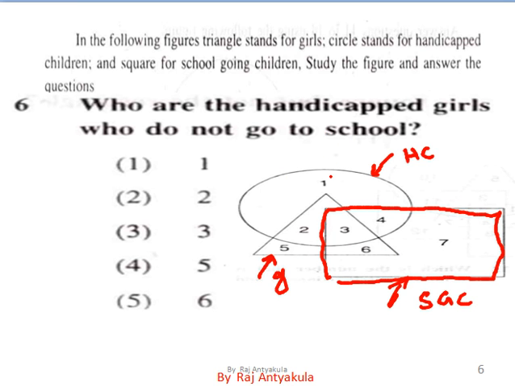Handicapped is indicated with circle, and this is not in the square, so this one is not going to school and is handicapped. So option 1, and coming to 2, look here, this 2 is also handicapped and also not going to school, so 1 plus 2 how much? 3. So the answer is option 3. The 3 is given in option 3, so the answer is option 3, handicapped but not going to school.